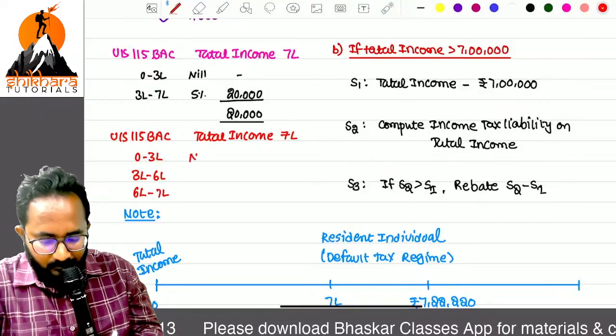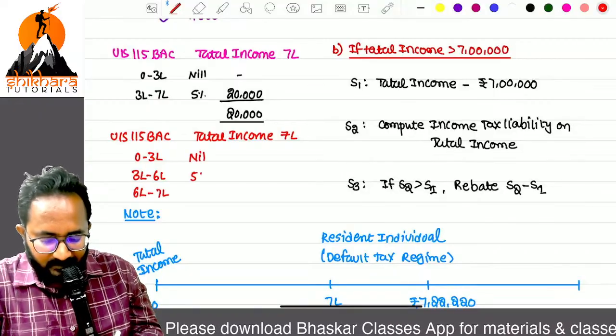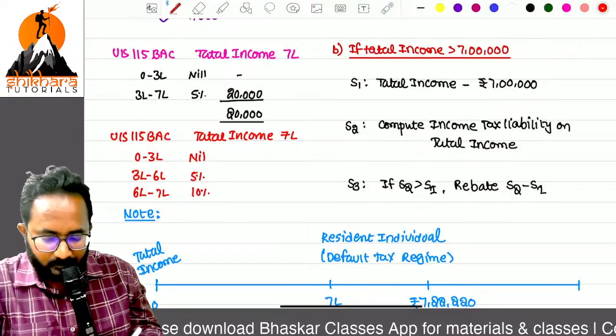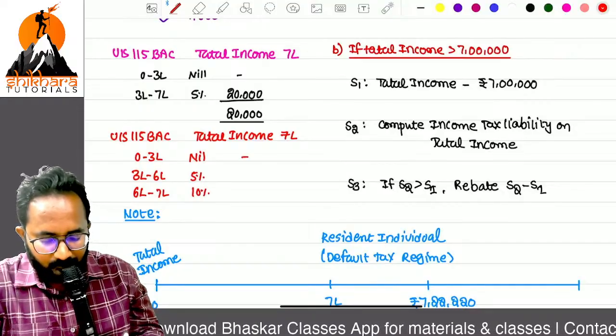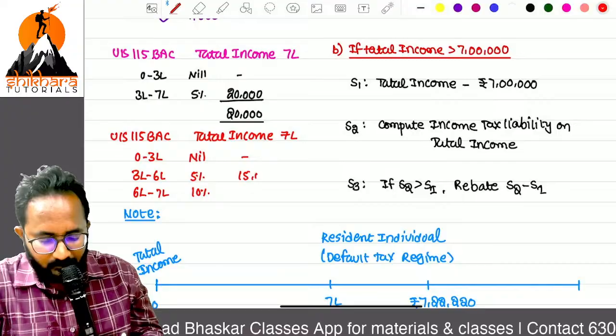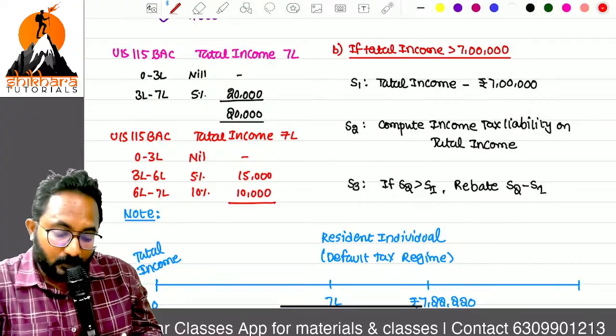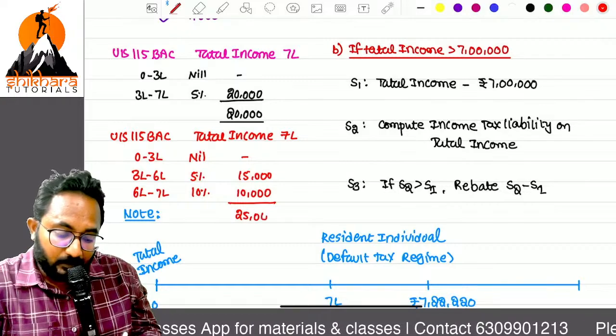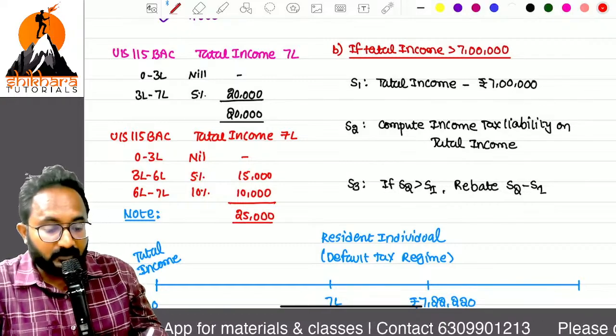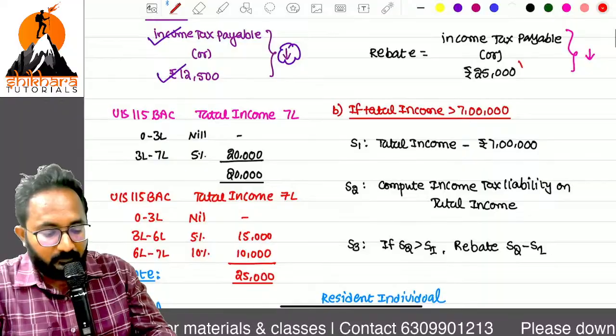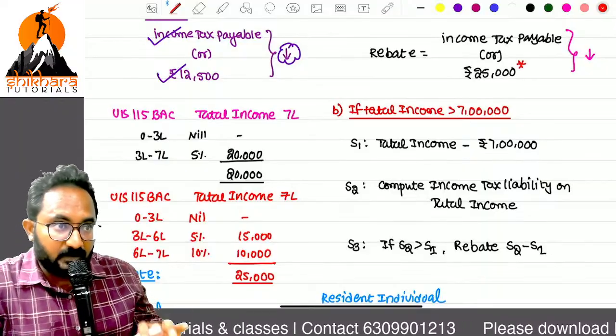Nil, 15,000, 10,000. If you applied the earlier rates, the liability is 25,000. So that's why they have given 25,000, but they have not changed it to 20,000.